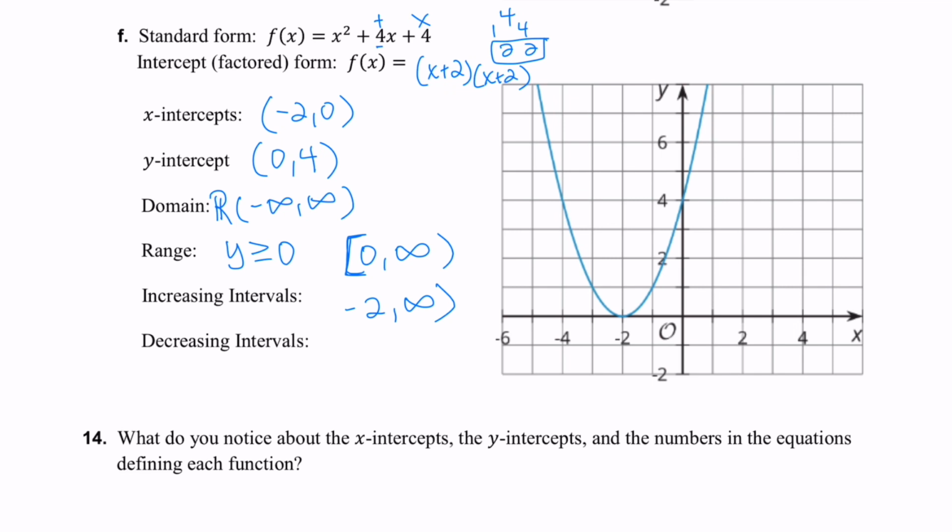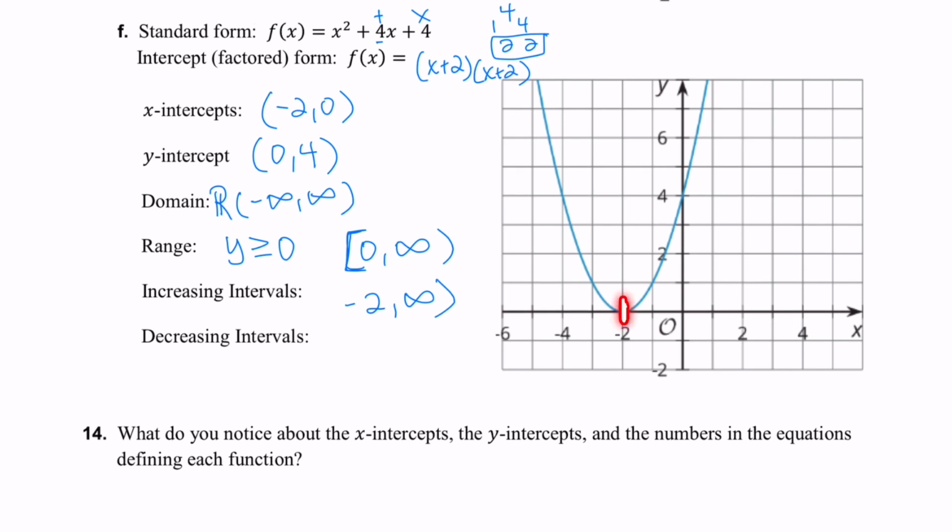At -2, it's half decreasing and half increasing, so we're going to put a parenthesis on -2. Now, it's decreasing everywhere less than -2. We always read a graph from left to right, so this is negative infinity until we hit -2.